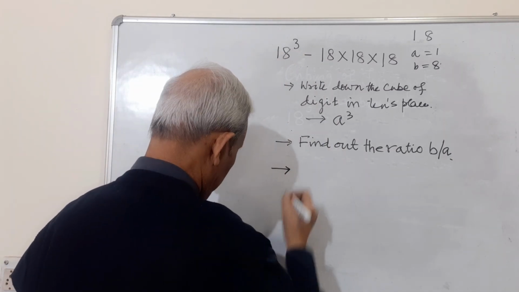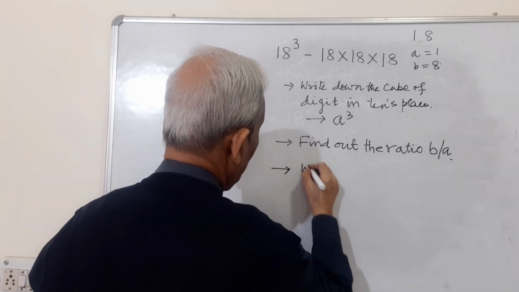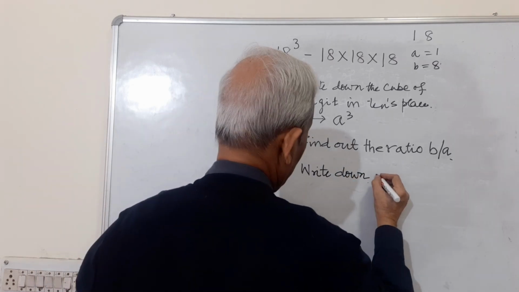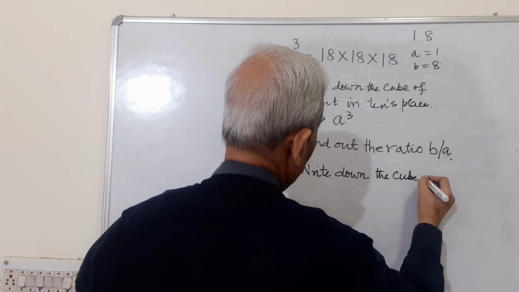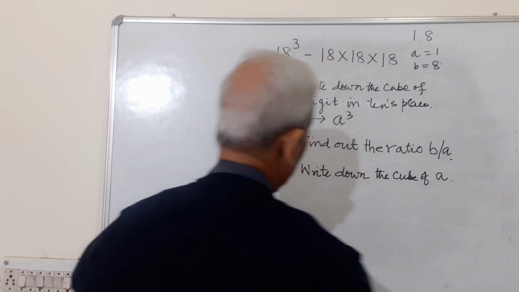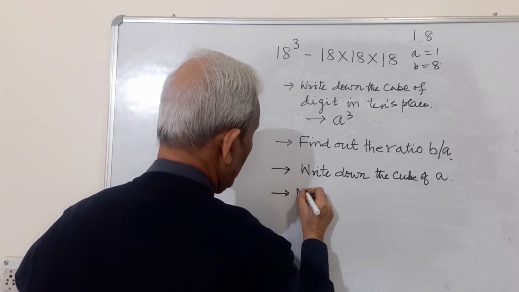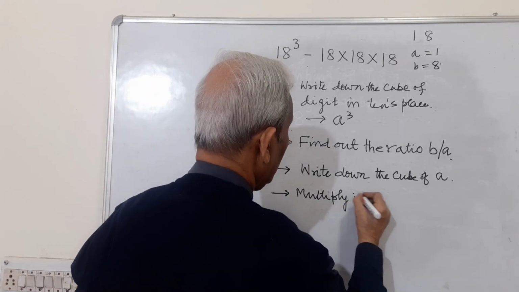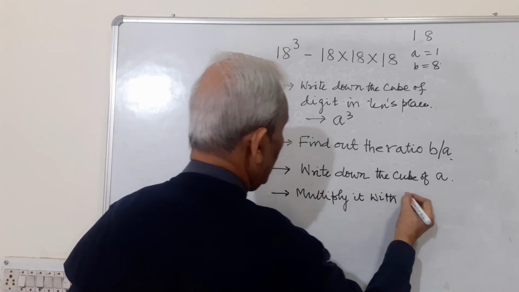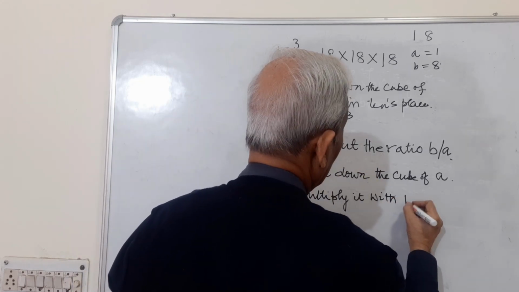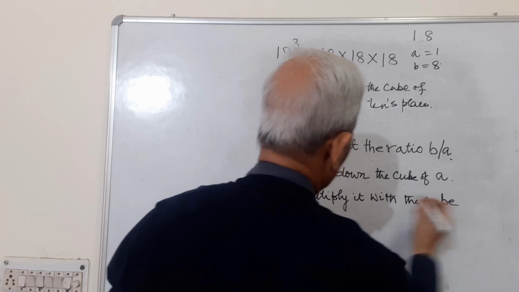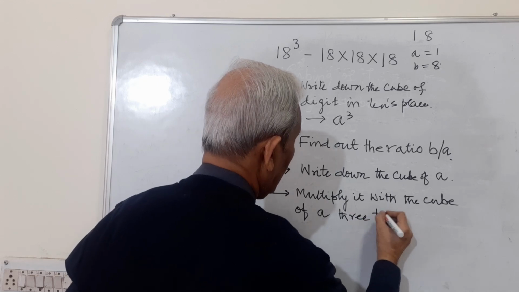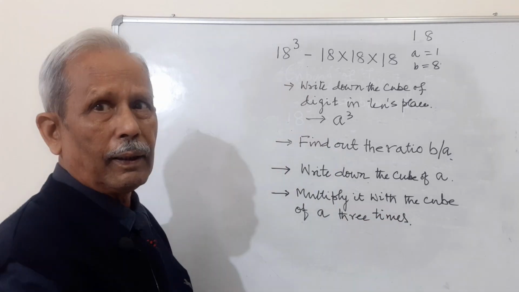And then the third step, write down the cube of a, multiply it with the ratio b by a three times.